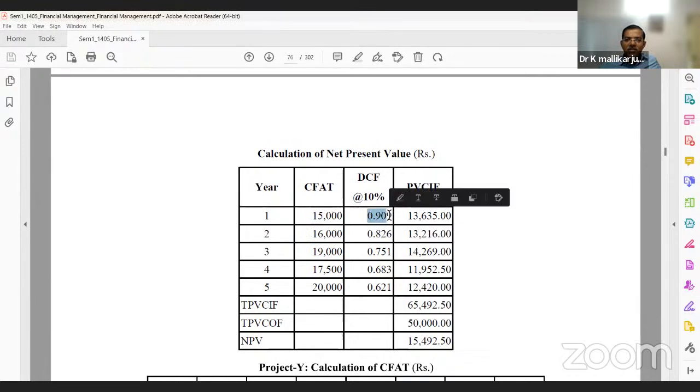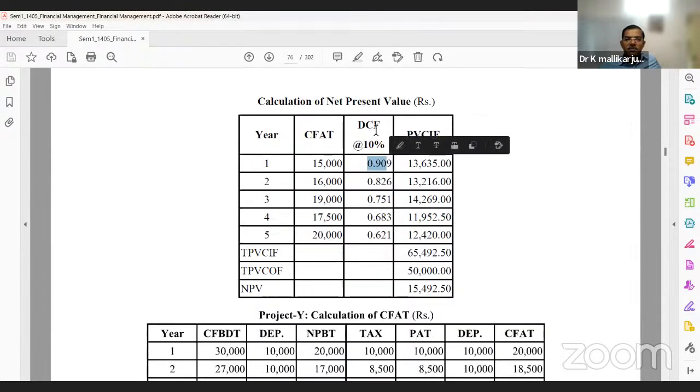So these are the present value figures. For present value, we can see table A3, then we will get these figures, the 10% discount factor values. We discount cash flows at 10%. Here we are multiplying these two.